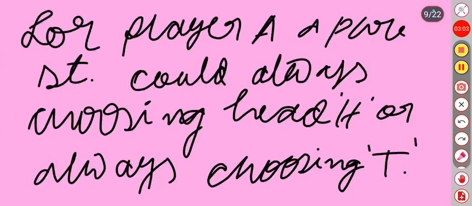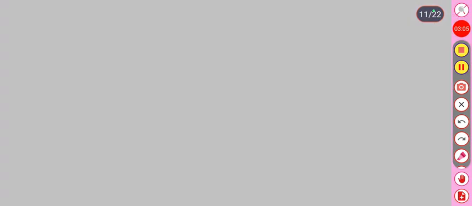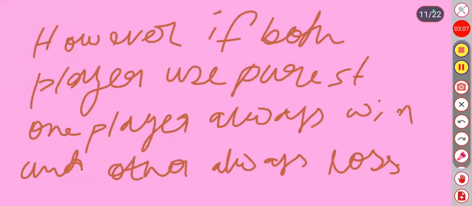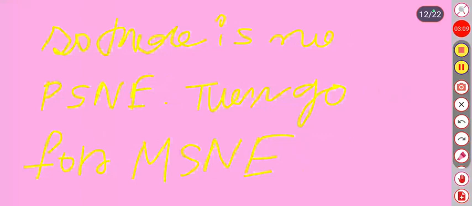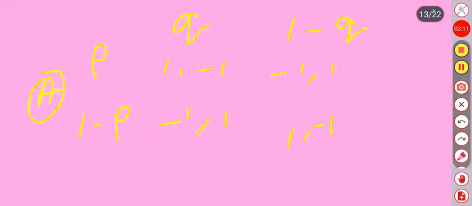this was already explained. So here the probability of head is p, and for tail it is 1 minus p.